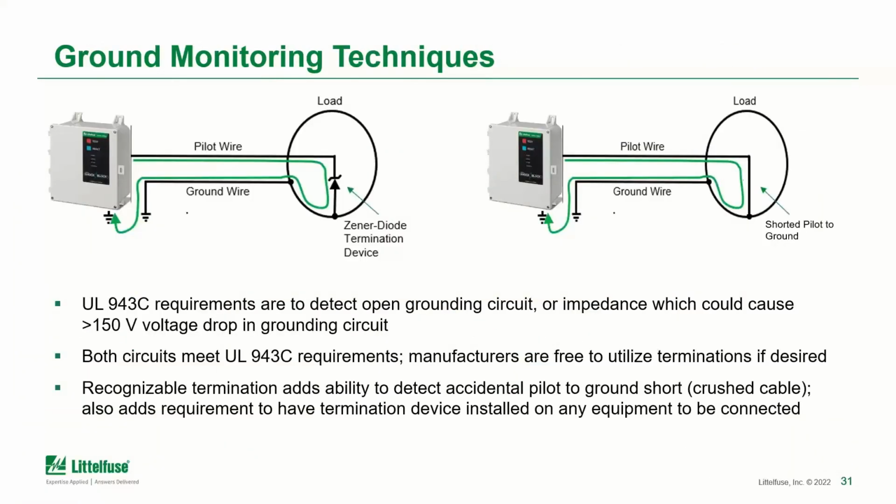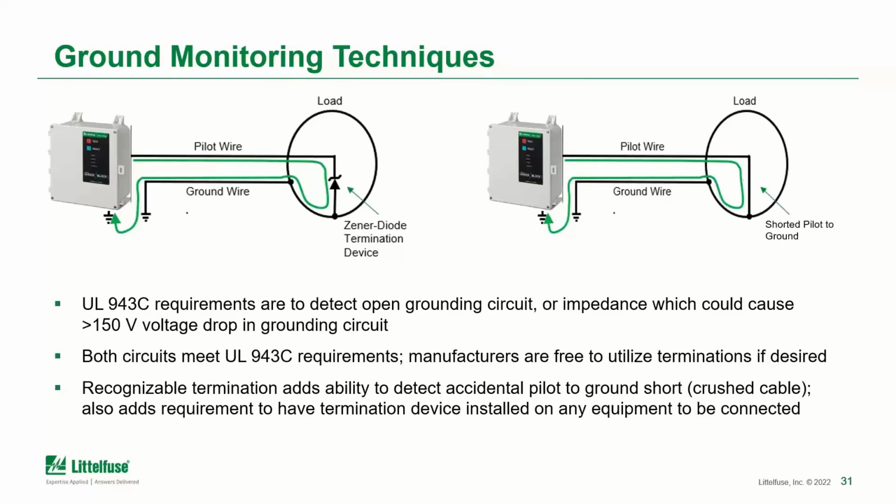Now, the 943C standard doesn't tell you exactly how to do it. There are different methods depending on the manufacturer. It is possible that you could use a terminating device at the end. It's also possible to not require that. Really, as I mentioned, the requirements there are just to detect an open grounding circuit or to detect a high impedance.